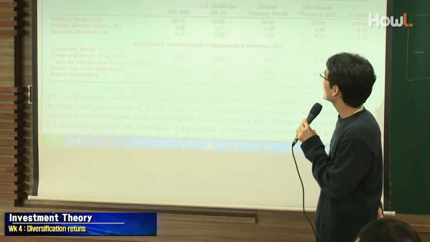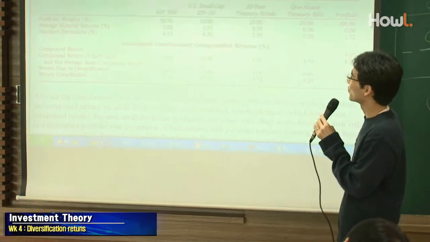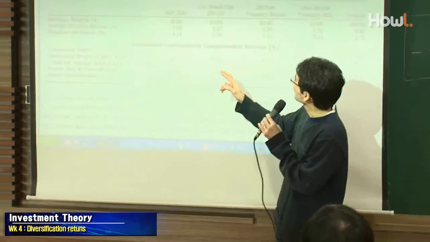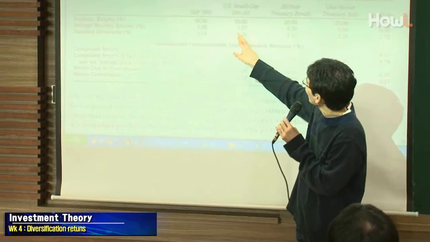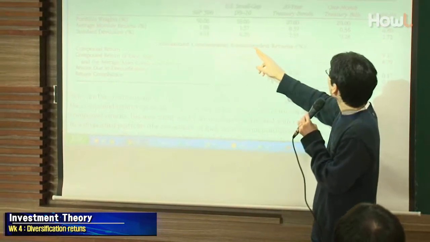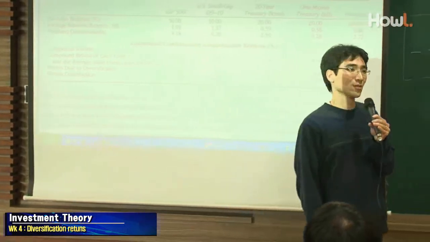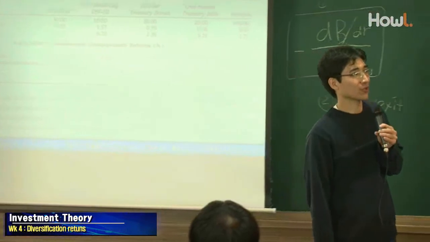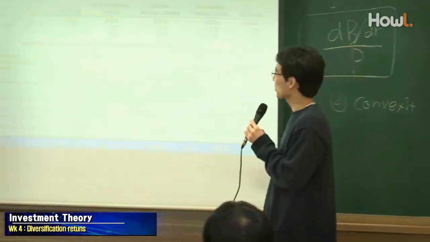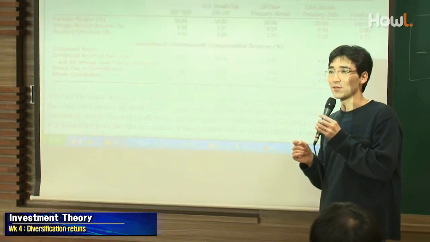So if we compute the ratio between return and standard deviation, it is like 1/6, and it is like 1/4. So it seems like the small cap stocks are dominated by the S&P 500. But in fact, the small stock creates more value in your portfolio through the diversification effect.